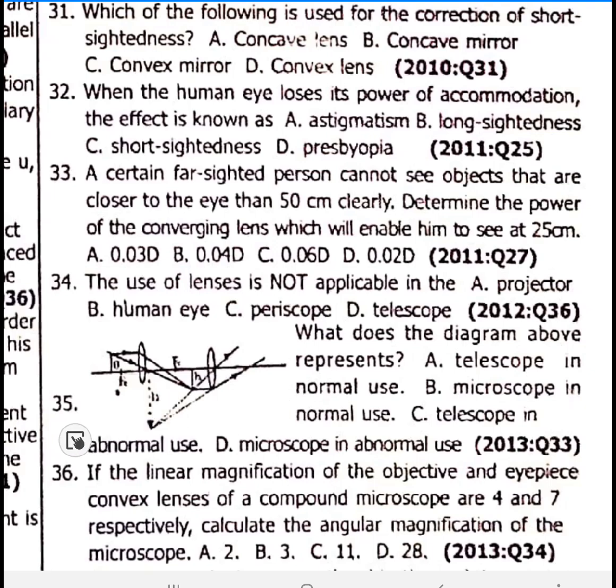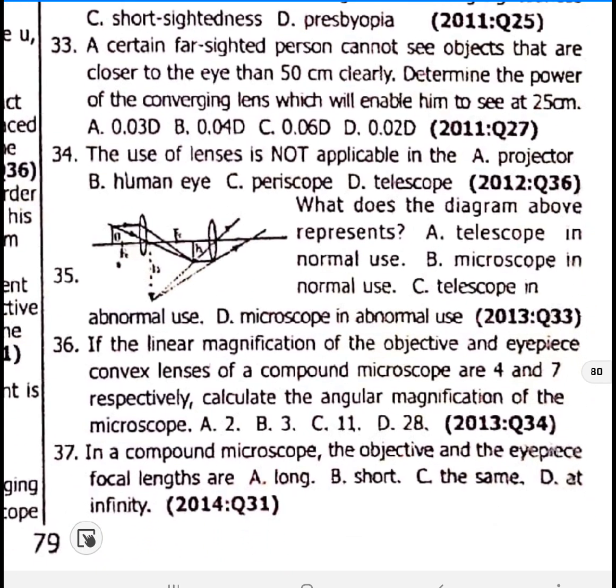35. What does the diagram above represent? This one is at normal adjustment too. A telescope in normal use. 35 is option C. If the linear magnification of an object and eyepiece, okay, that has to do with a bit of solving. 37. In a compound microscope, the objective and the eyepiece focal lengths are.